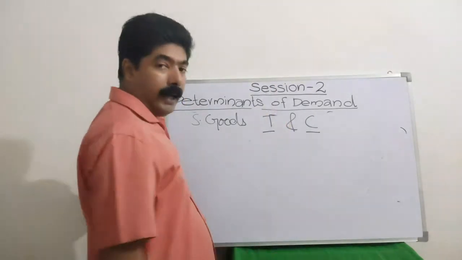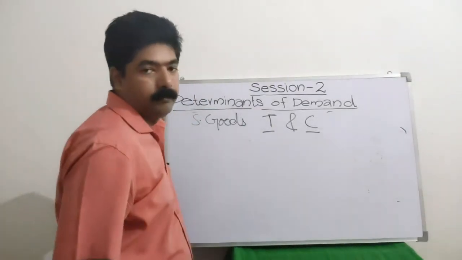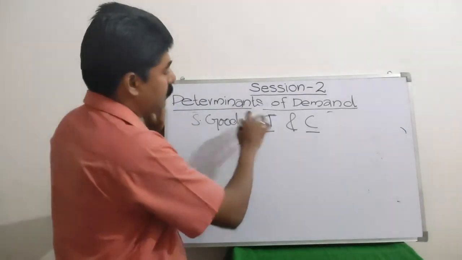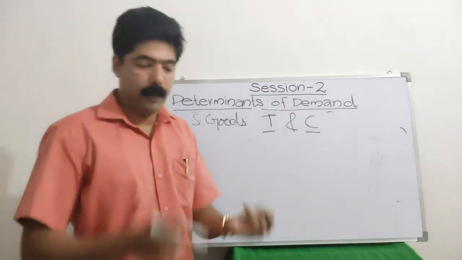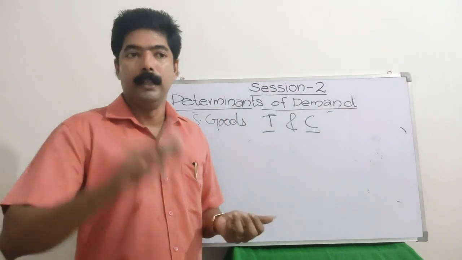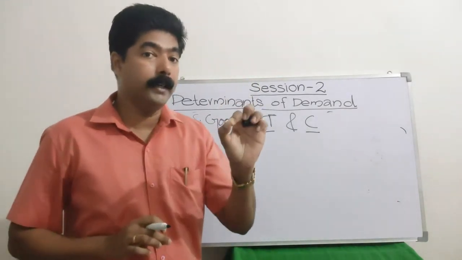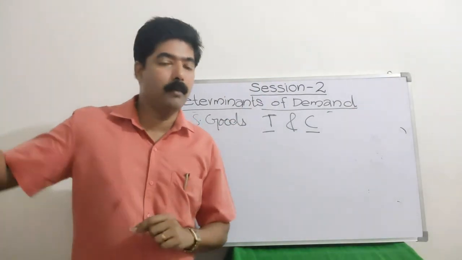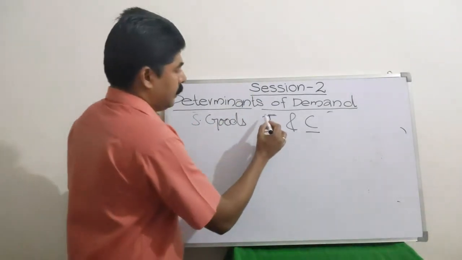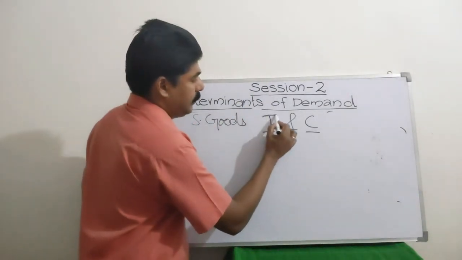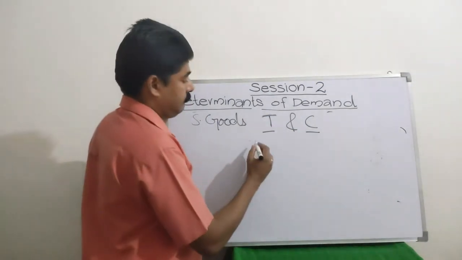Now suppose the price of tea increases. When the price of tea increases, how does that affect its demand? It is very common. We have studied that when the price of one commodity increases, the demand for that commodity will decrease. So when the price of tea increases, the demand for tea diminishes.